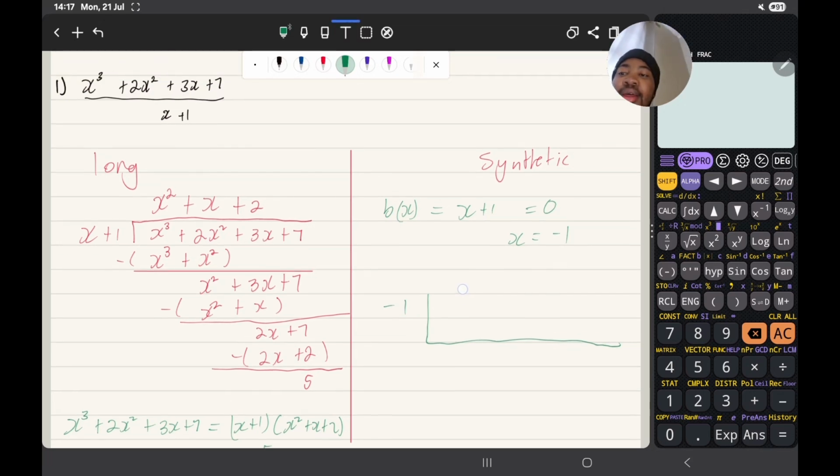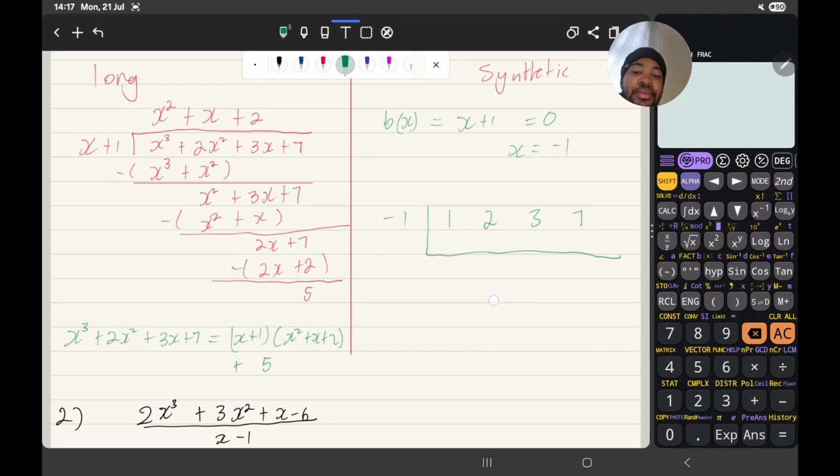Then here you only focus on the coefficients. We're no longer talking about the variables. So you have 1, you have 2, you have 3, and you have 7. Remember, just the coefficients.